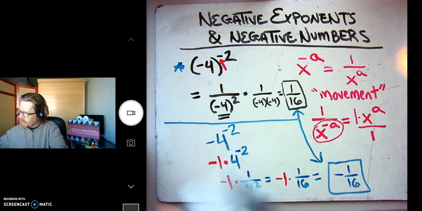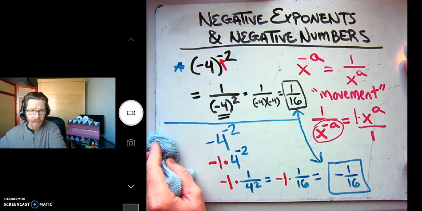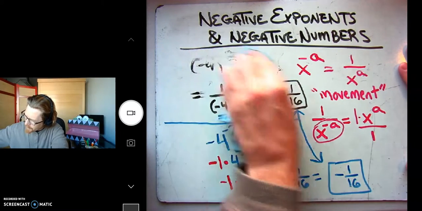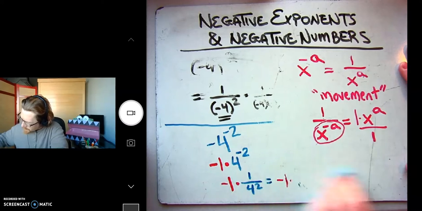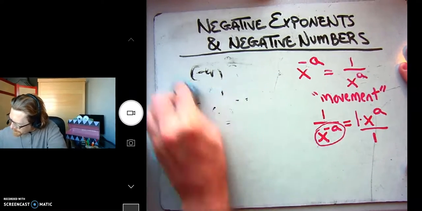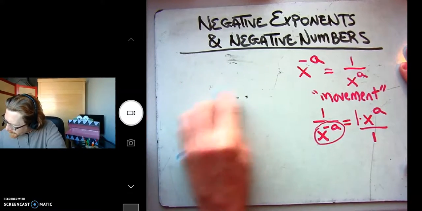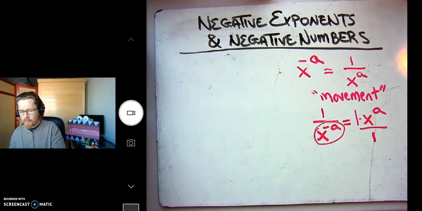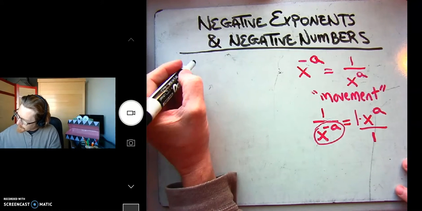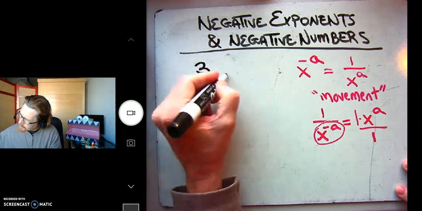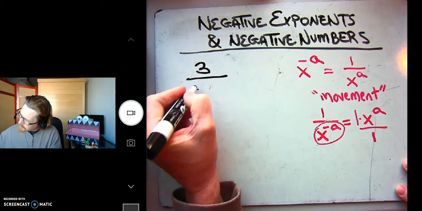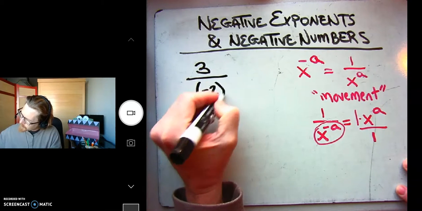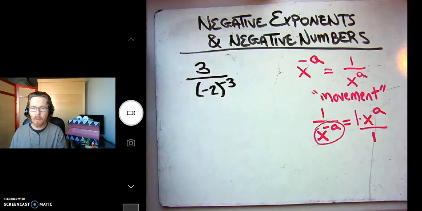Let's take this a step further. So take a look at this. I'm going to erase it. We'll leave our exponent rule there. And let's do something where our negatives are now in our denominator. So how about we use an example like 3 over negative 2 to the negative 3rd power.